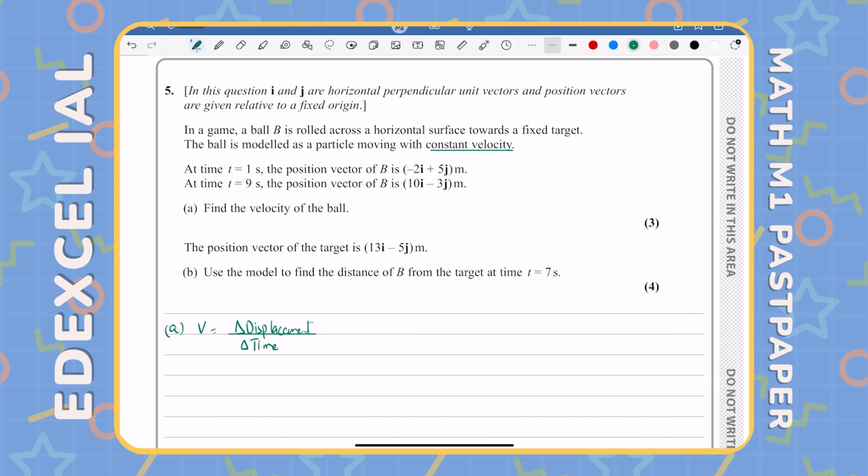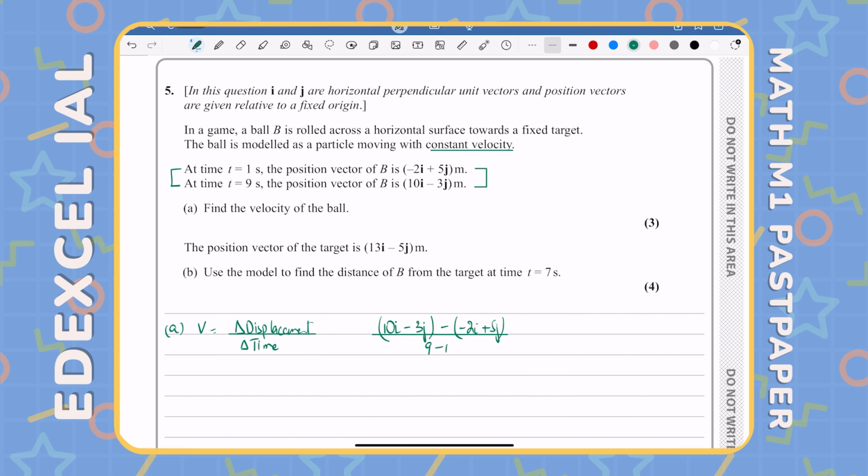If I want to find the velocity, I want to see how the displacement changes with the given time. So to find the change in displacement, we'll take the displacement at 9 seconds, 10i minus 3j, and subtract the displacement at 1 second, minus 2i plus 5j, and divide by the time, 9 minus 1.